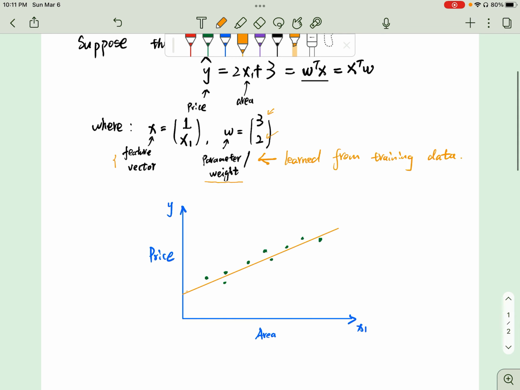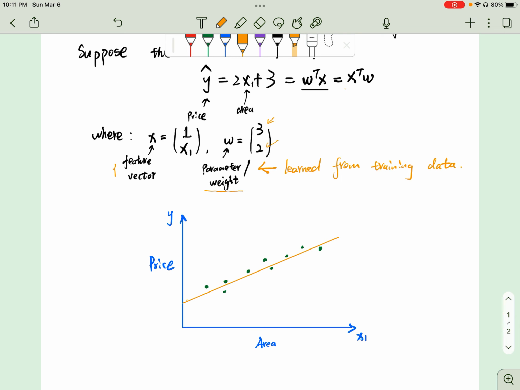Let's suppose this is the model we just got. This one is the prediction, so y hat equals omega transpose multiplied with our feature.